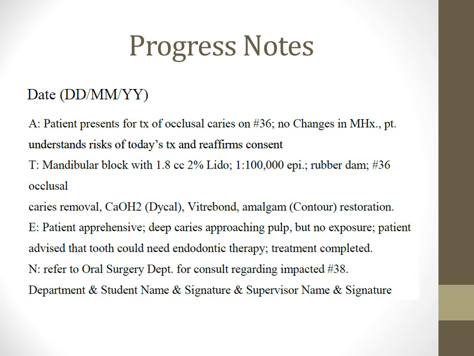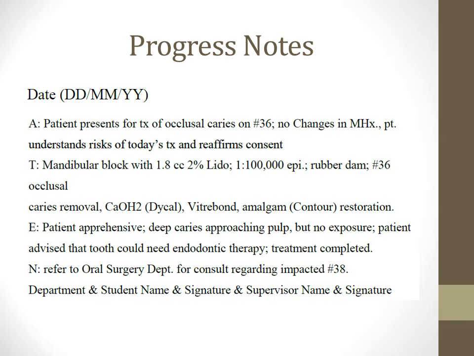This is an example of a progress note written for a patient who came to the clinic. The patient presented for treatment of occlusal caries. The treatment provided, we write in a chronological order, as we said: mandibular block given, the quantity and concentration of anesthesia also written down, if rubber dam was used, the tooth number which was treated, what was done in that visit, caries removal, materials used for the restoration, and then evaluation.